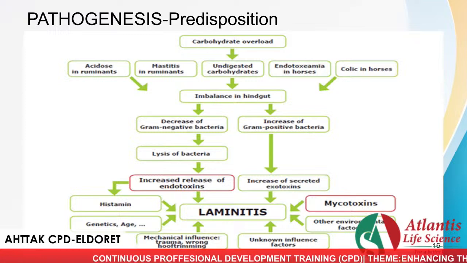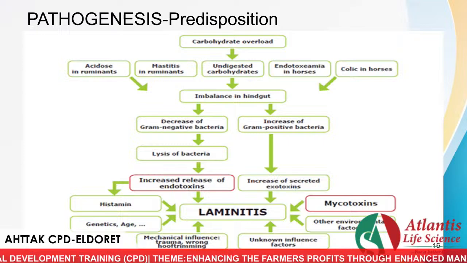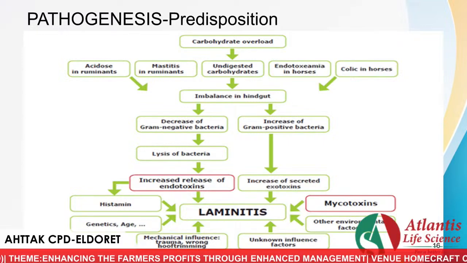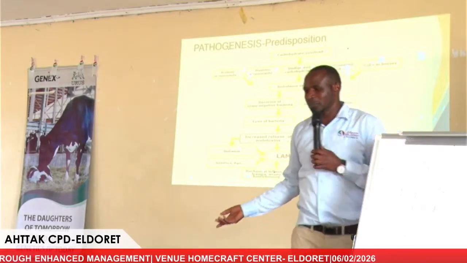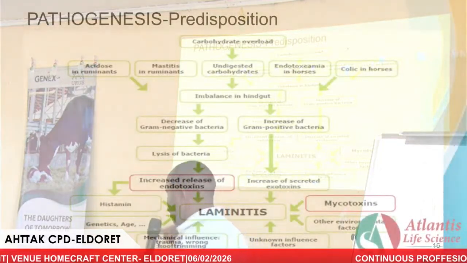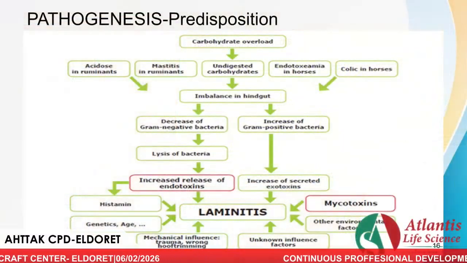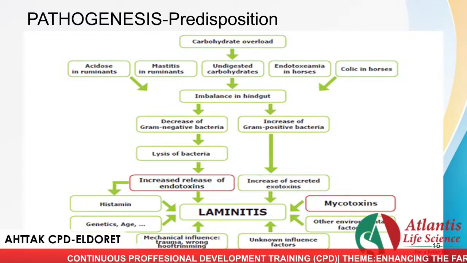And as I said earlier, when the lactic acid works on the gram negative, they will produce what we call endotoxins. But for gram positive, they'll produce what we call exotoxins. But toxins are toxins. That is the bottom line. So the toxins now will work on the lamina, and then we have this case of laminitis. So basically, that is what we are saying in that structure.